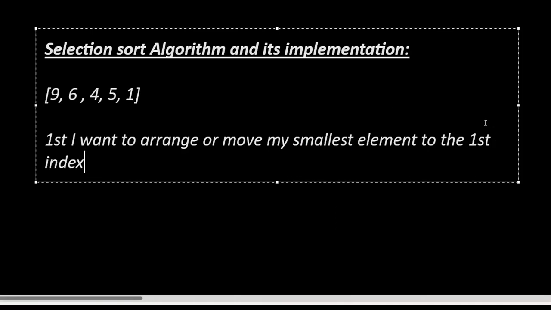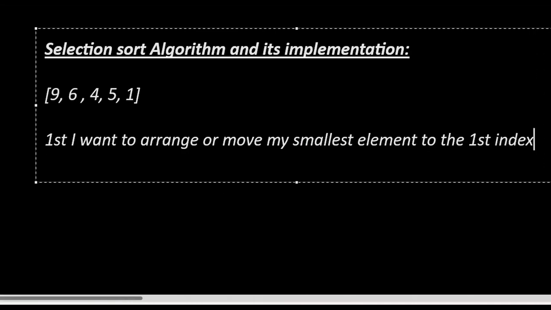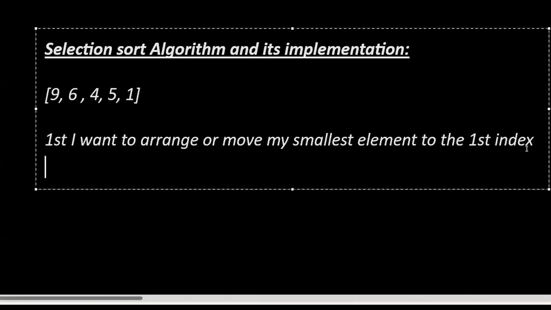So how can I move the smallest element of the given list to the first index? This is the thing that I want to do.